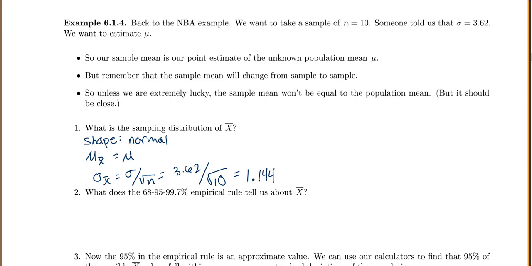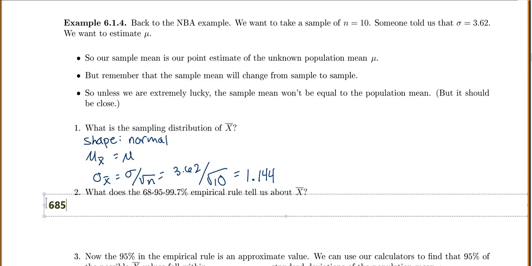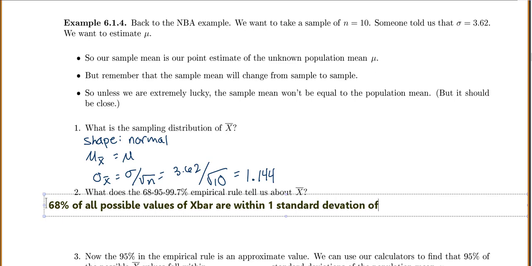So now what does the 68, 95, 99.7 empirical rule tell us about x bar? Well, it tells us that 68% of all the possible values of x bar, I'm just going to write x bar because I can't type that, are within one standard deviation of the mean mu.